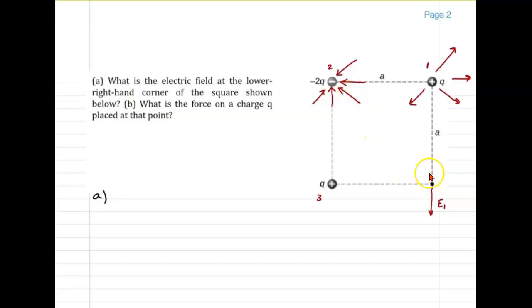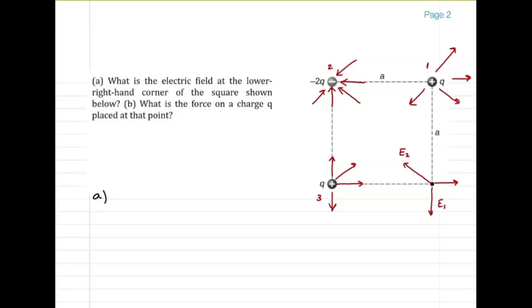So at this point, it's going to go towards the negative charge and point up at 45 degrees, and we'll call that E2. For the third charge, same idea. It's a positive charge. The electric field lines will be radiating away from the charge, right? Everywhere. And at this point that we're interested in, it will be going completely towards the right.